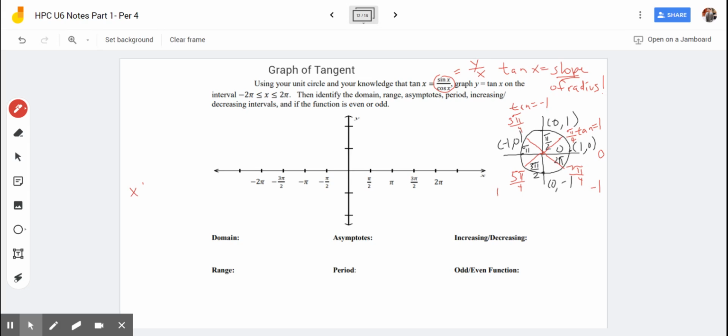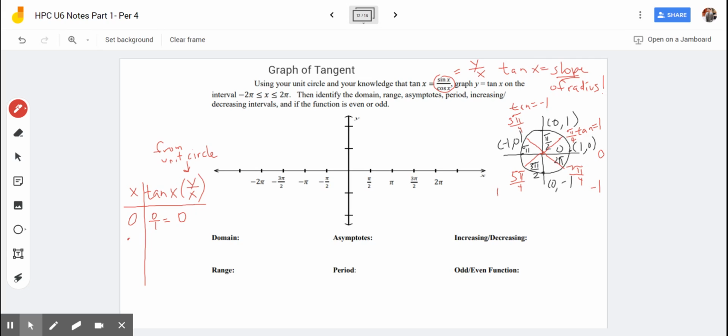X, tan of x, which is the same as y over the x value from the unit circle. Okay, so at 0 radians, it's 0 over 1, which is 0.